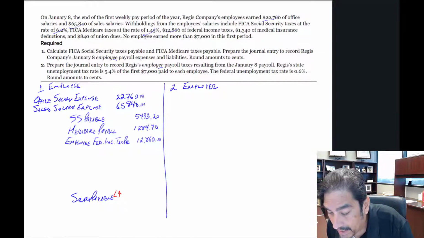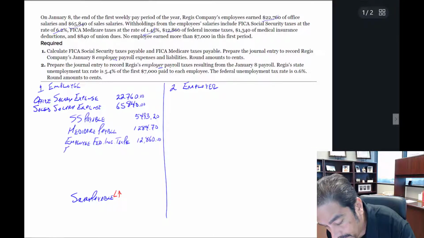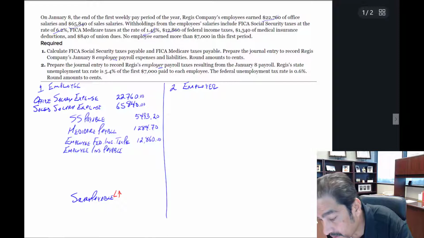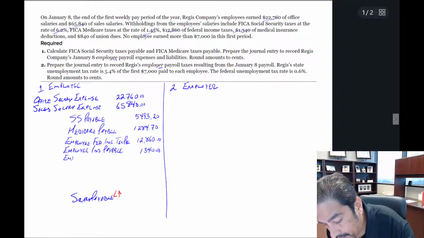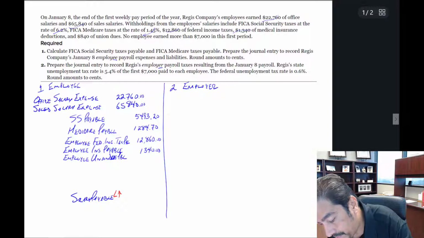And then we've got, I guess we'll stick with this same format, employee insurance payable of $1,340. And employee union dues payable of $840.